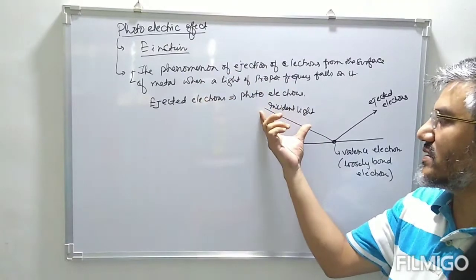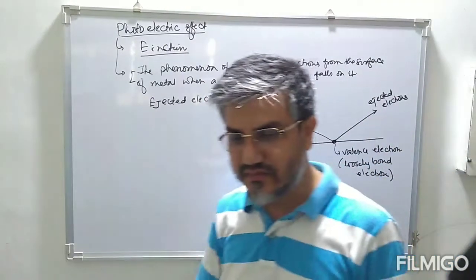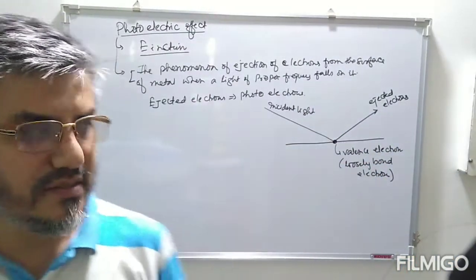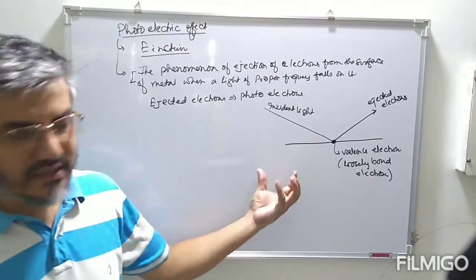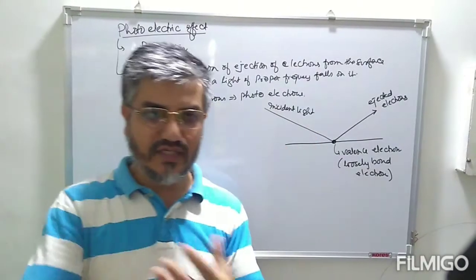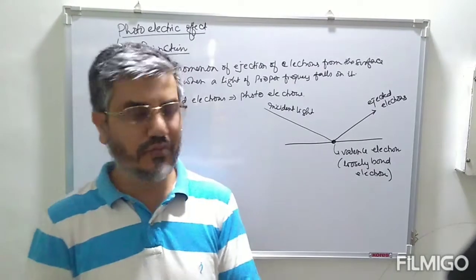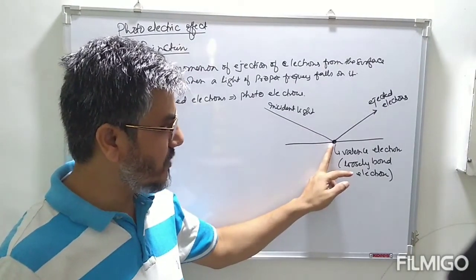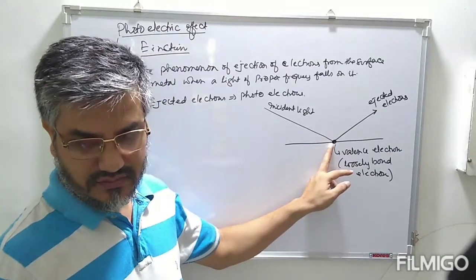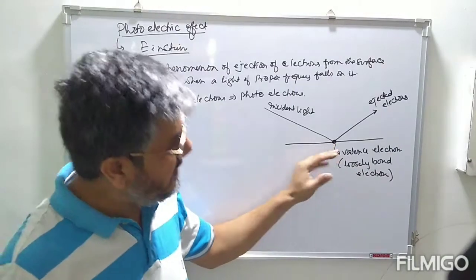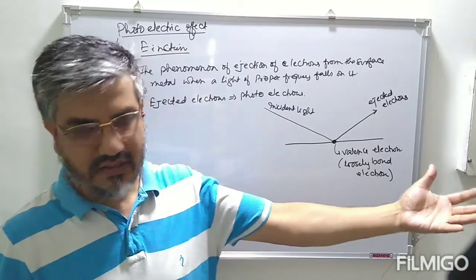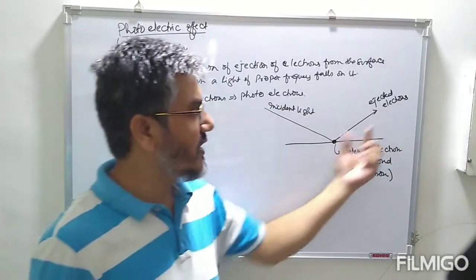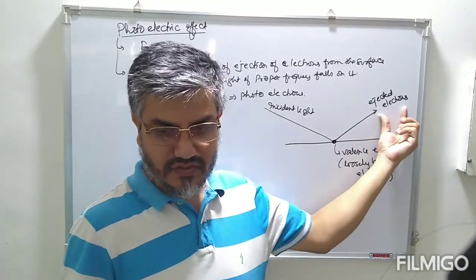This is the total energy that is coming from incident light. Some of the energy is used for breaking the attractive force between nucleus and the electron, and the remaining energy is converted into kinetic energy of ejected electrons.